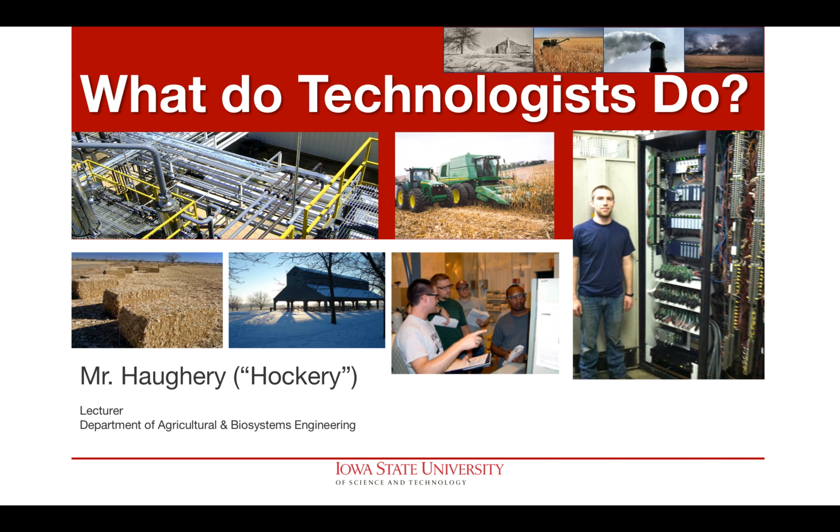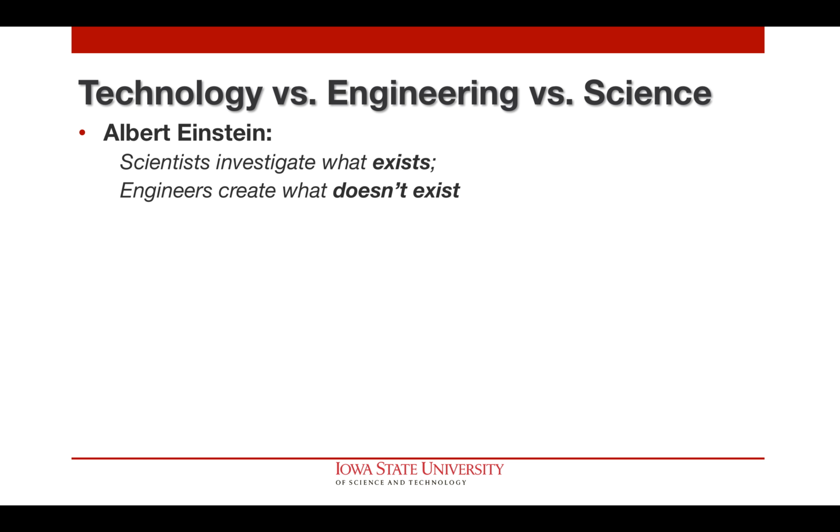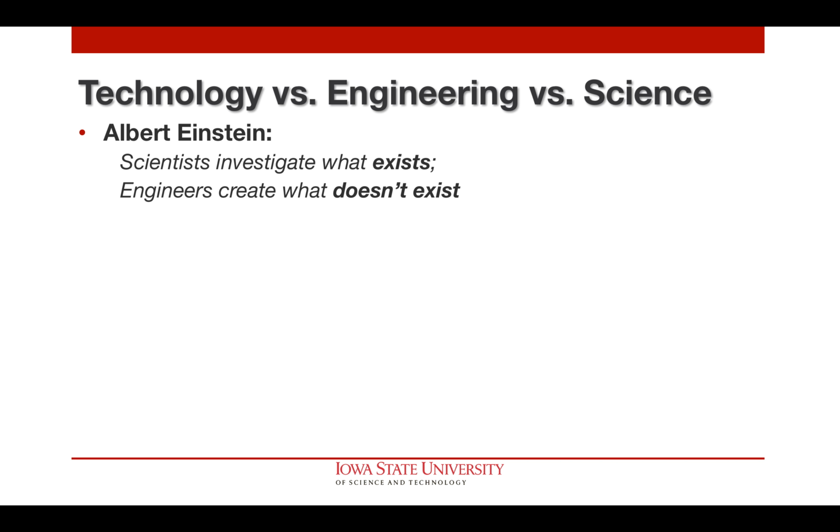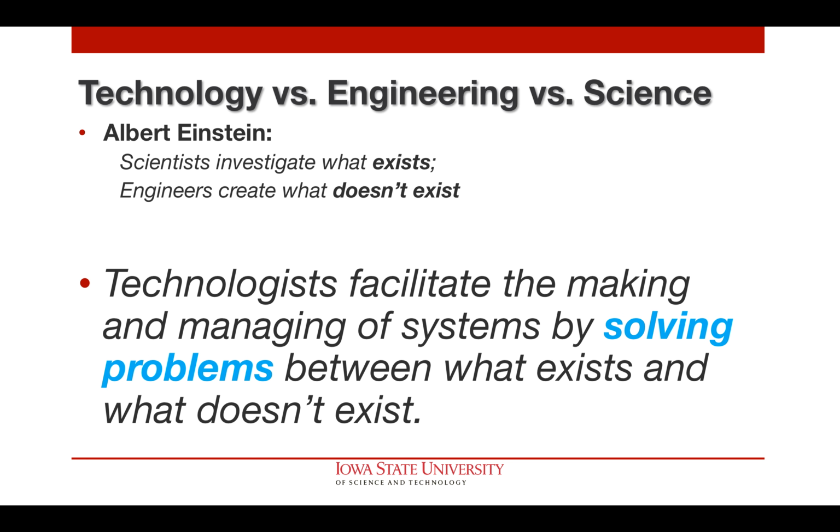Okay. And so we'll start off with first, technology versus engineering versus science. Albert Einstein has been credited as saying, scientists investigate what exists, whereas engineers create what doesn't exist. And so if we combine that, technologists facilitate the making and managing of systems by solving problems between what exists and what doesn't exist.